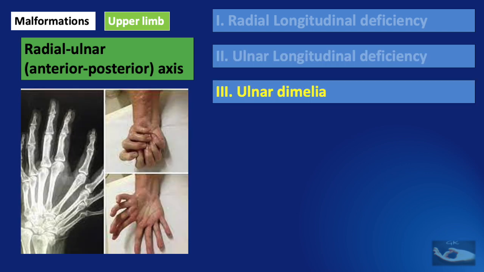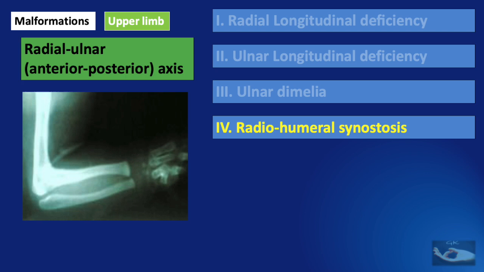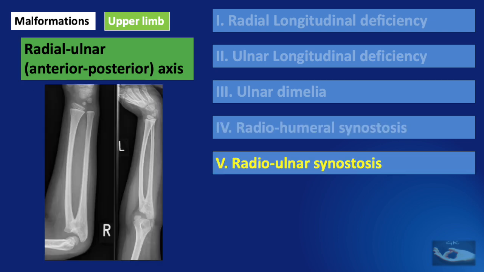In ulnar dimelia, there is a duplication of the ulnar side of the hand on the radial side. Radiohumeral synostosis is characterized by fusion of the lower end of the humerus with the head of the radius, and radio-ulnar synostosis refers to fusion of the proximal ends of the radius and the ulna.